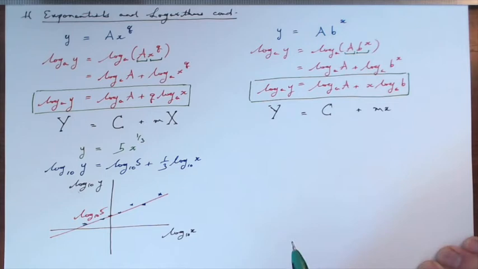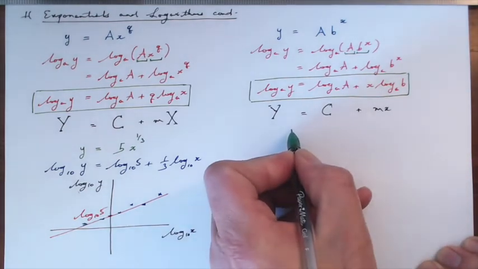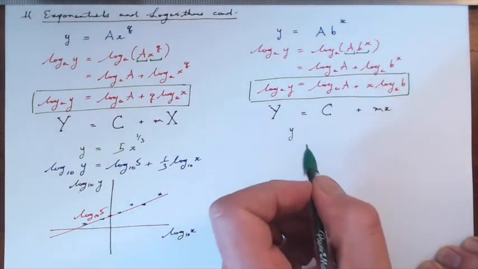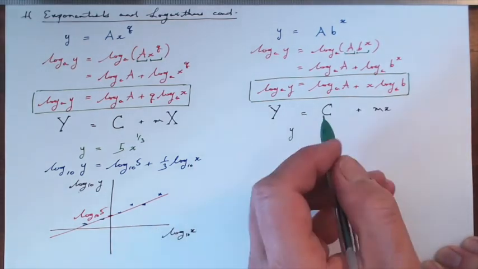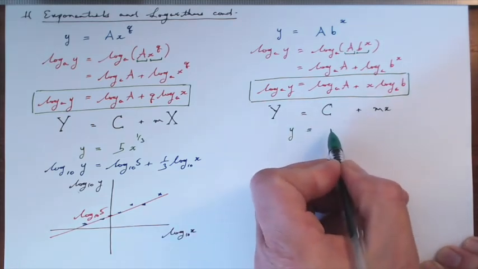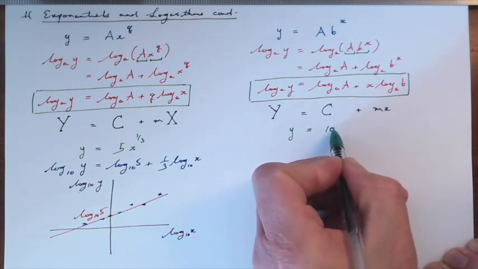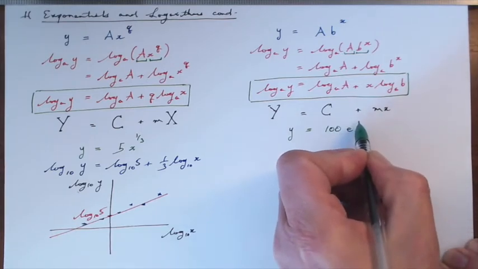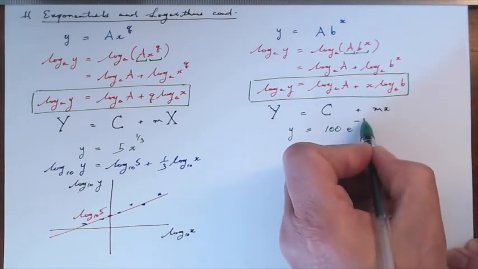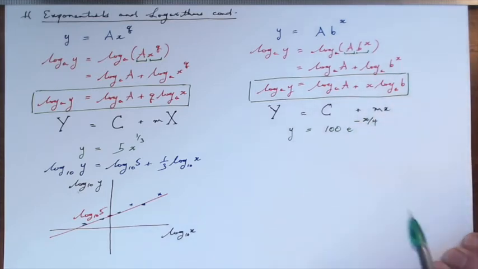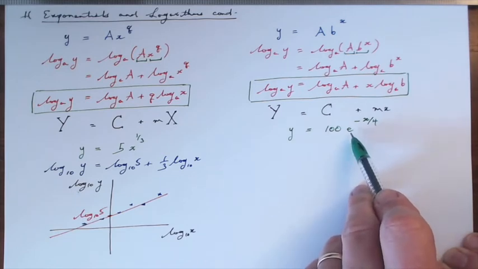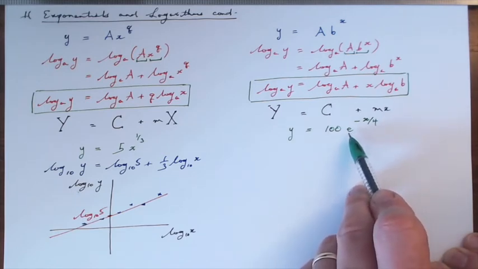So let's say I was looking at some kind of exponential decay, and let's say it was something like this. Where I'm using the base of the natural logarithm now, just because we haven't used that very much.